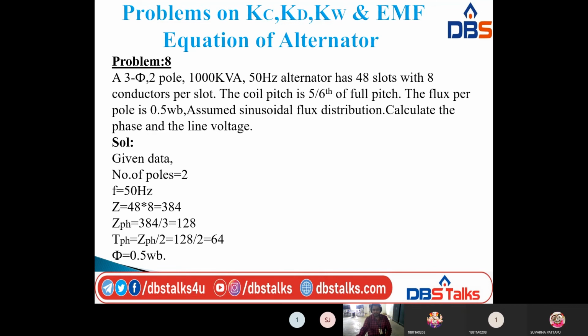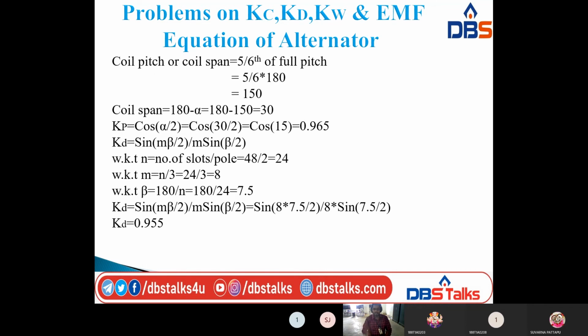So based on this, coil pitch or coil span is equal to 5 by 6 of full pitch. The full pitch is nothing but 180 degrees. So that is equal to 5 by 6 into 180. From that we get the coil span, that is equal to 150. So we know the formula for the coil span, that is equal to 180 minus alpha.